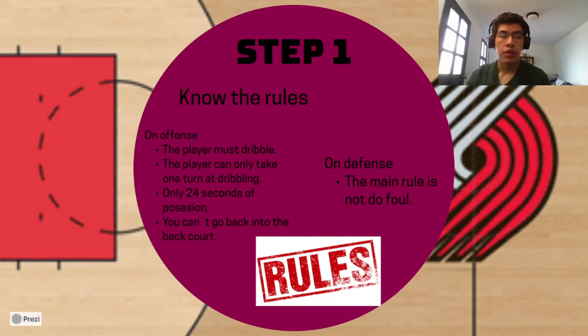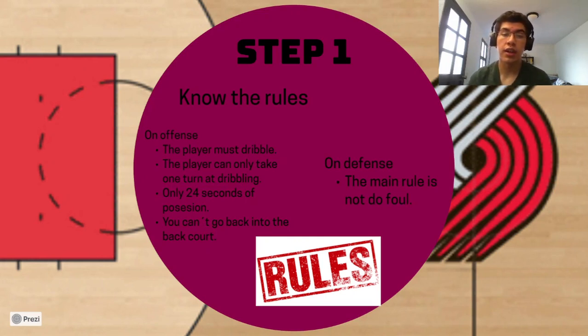Next, the player can only take one turn at dribble means that if the player stops dribbling with the ball, he cannot dribble again.